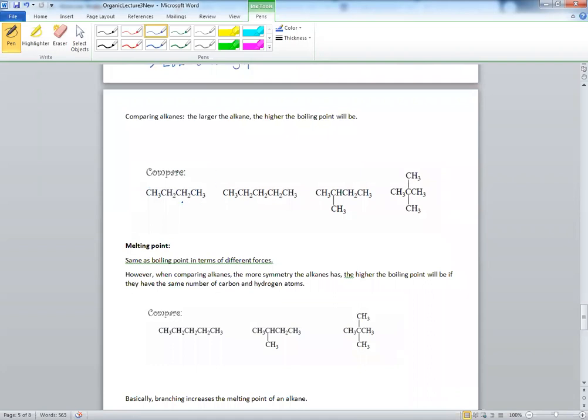So if we compare alkanes, the larger the alkane, the higher the boiling point will be. Let's look at an example. Here, the boiling point of this alkane, which is butane, is negative 0.5 degrees Celsius.